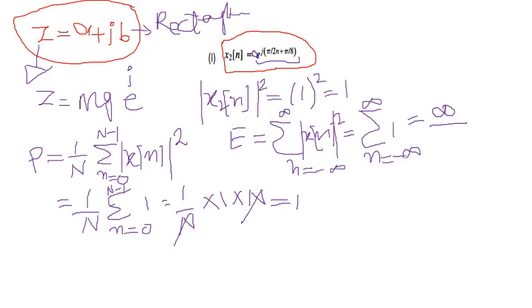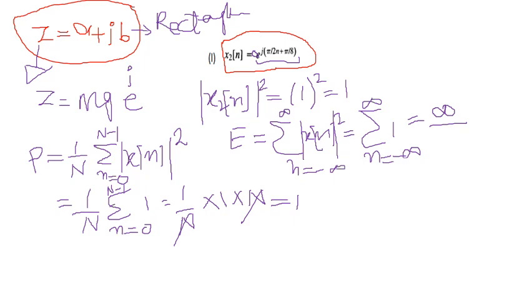I hope this gives you an idea of how we can find the energy and power of a discrete time and continuous time signal, because the signal is already in polar form. In polar form, we have magnitude times the phase. The magnitude of this is 1 because it's not mentioned there.